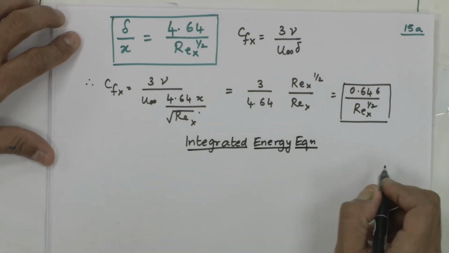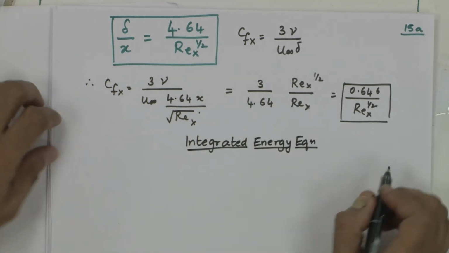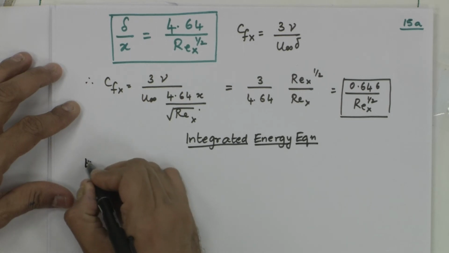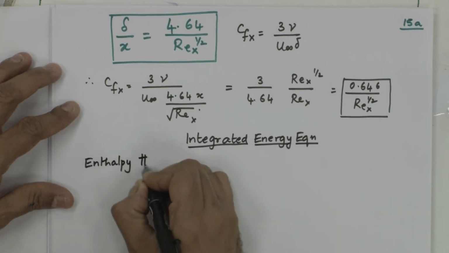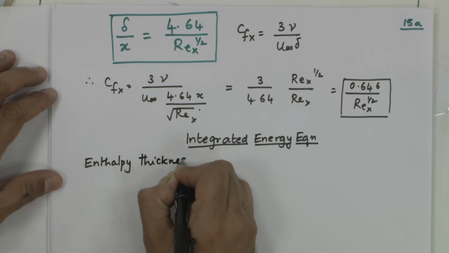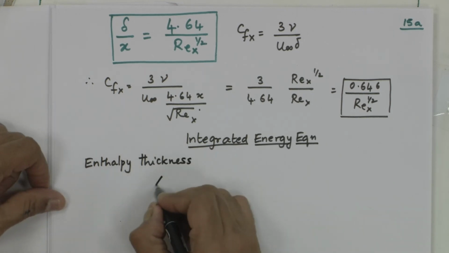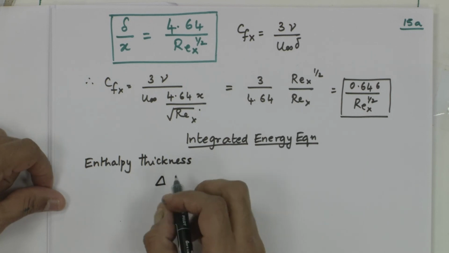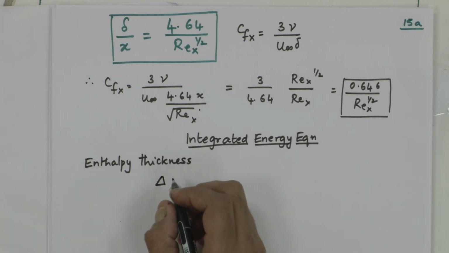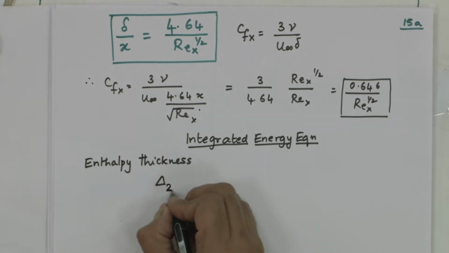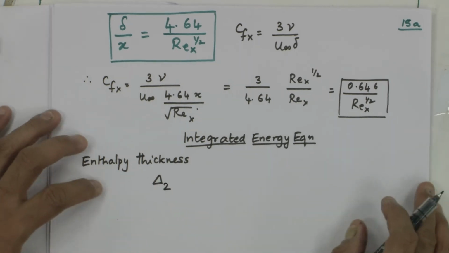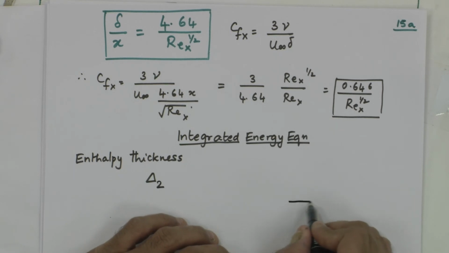This integrated energy equation requires another definition of what we call enthalpy thickness. Enthalpy thickness is given by the symbol capital delta 2, and I am not going into the details of the derivation.